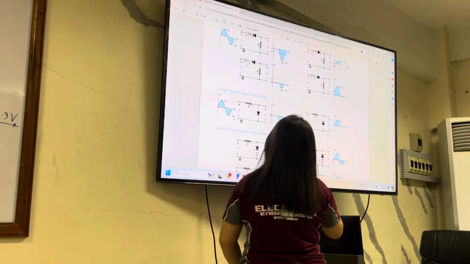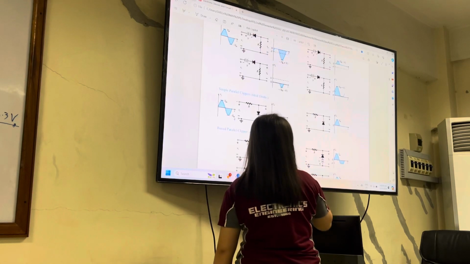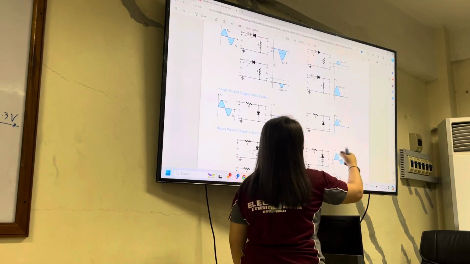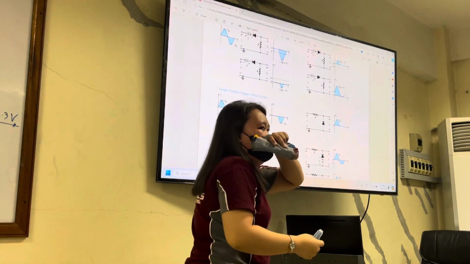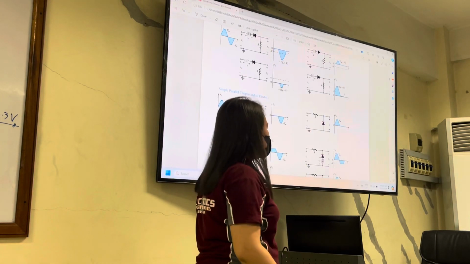Next, we have here the reversed orientation. The positive half cycle is 0, the diode is forward biased.